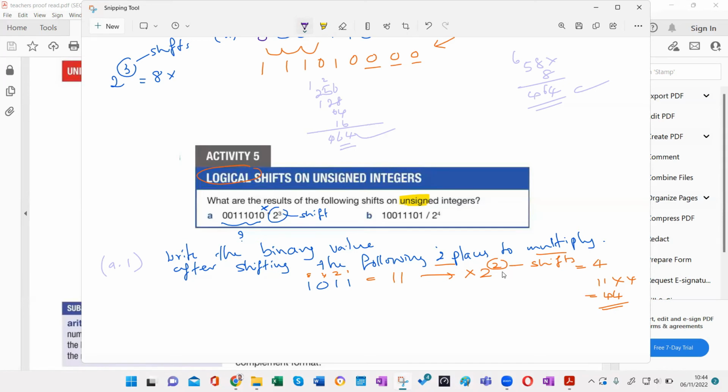Two places to the left. 2 to the power 2 is 4, right? 44.